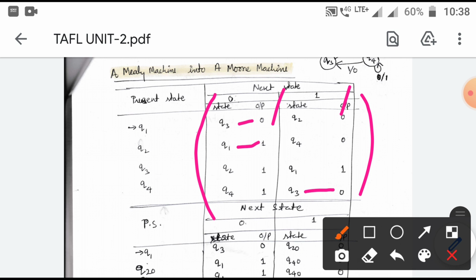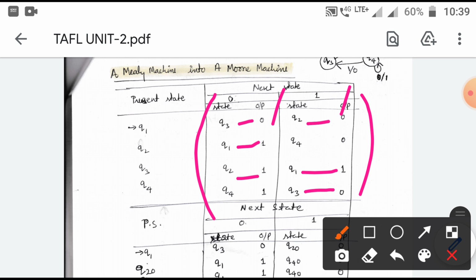Q1 is also associated with 1, but Q2 is associated with 1 as well as with 0. So this Q2 will be split into 2 parts, that is Q20 and Q21. Q20 will combine with the 0 association and Q21 will combine with the 1 association.